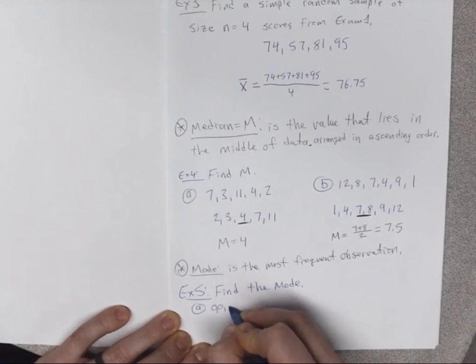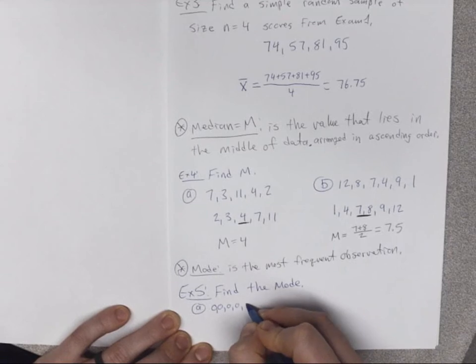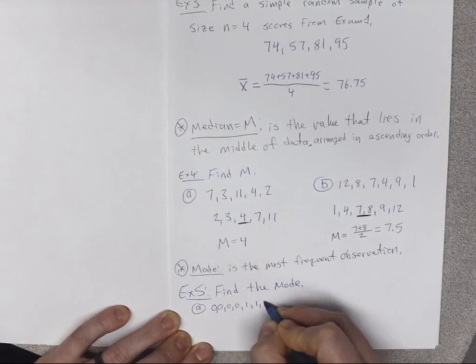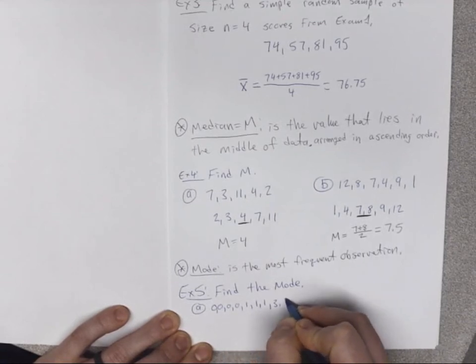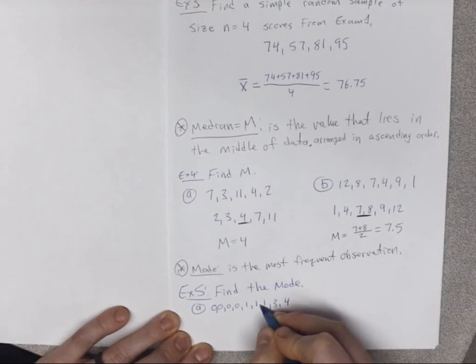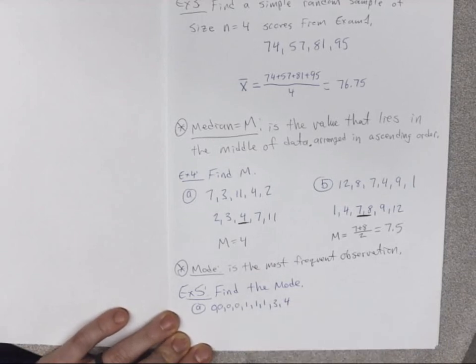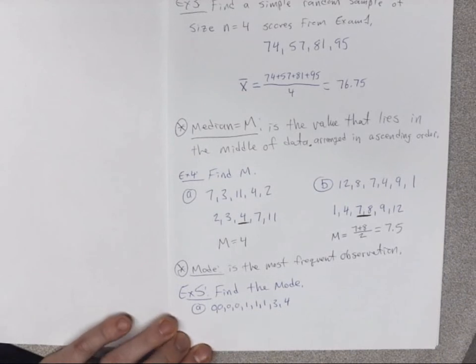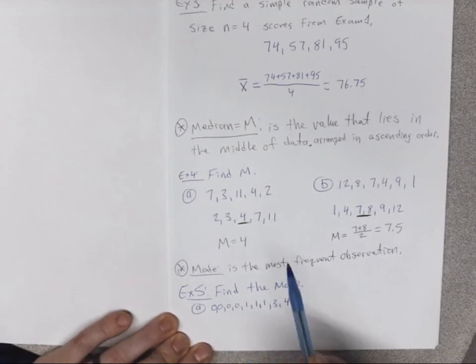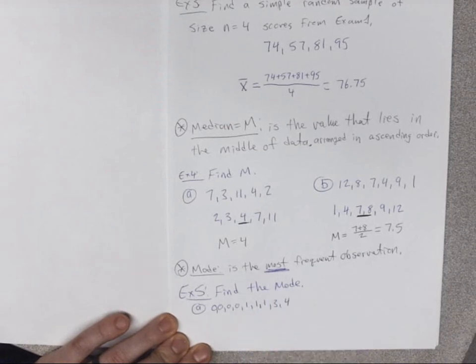So 0, 0, 0, 0, 1, 1, 1, 3, 4. So if you need a second to pause to make sure you get those correctly. So you come in here and you remember mode means the most, which one occurs the most.